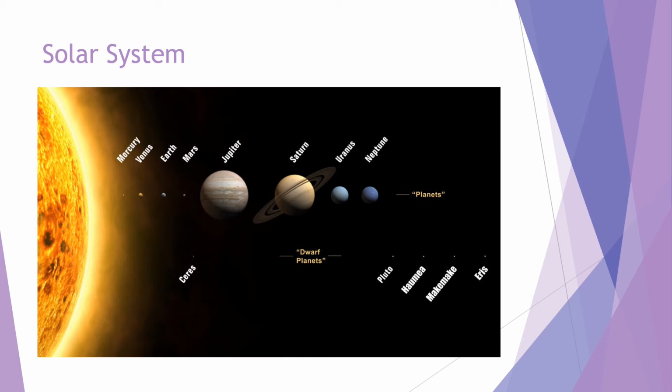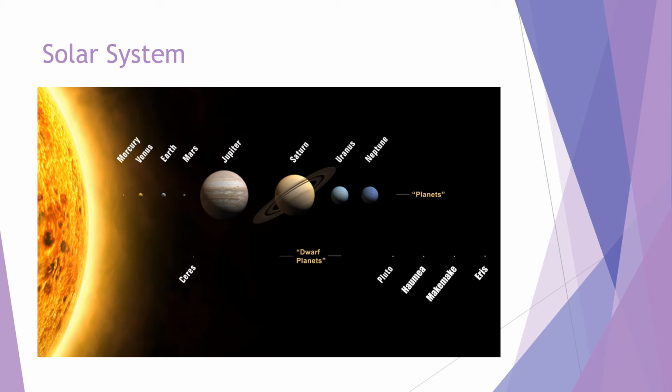Okay, and just a little trick, if you're trying to remember the order of the planets from closest to furthest from the sun, you can use the mnemonic, my very angry mother just served us nachos. Okay, so the first letter of every word there is the first letter of the planet.